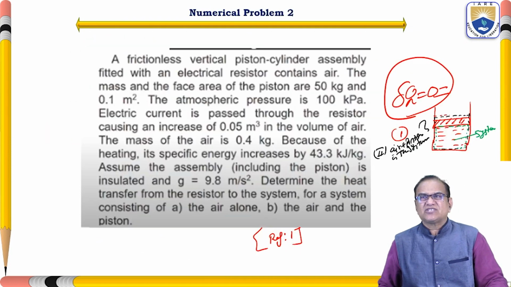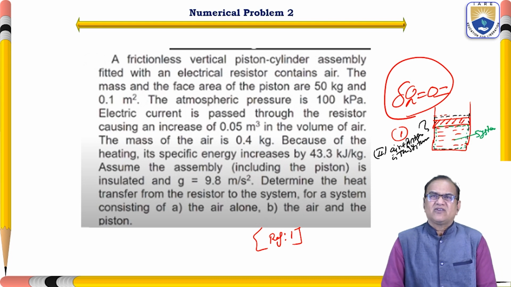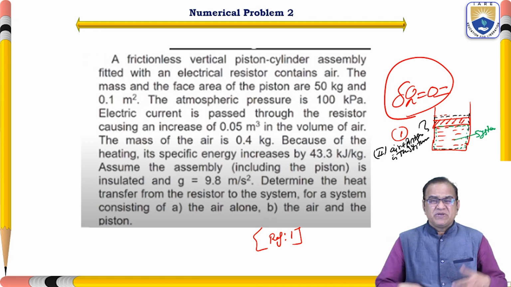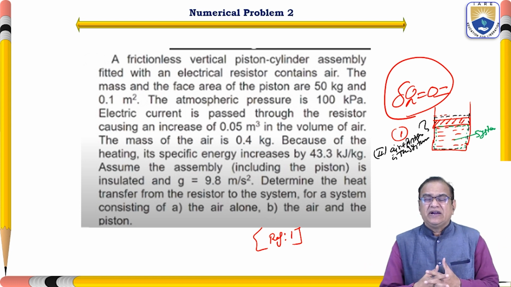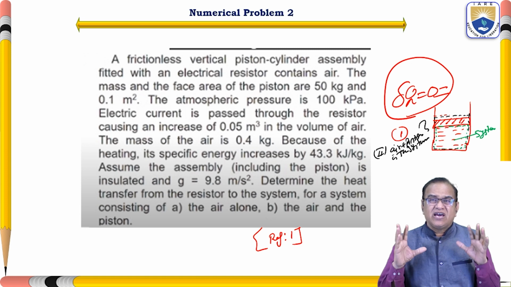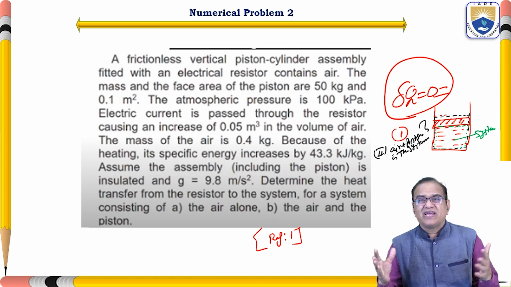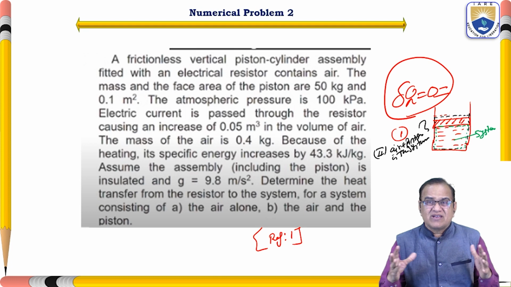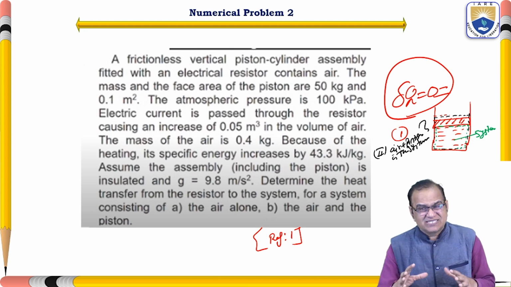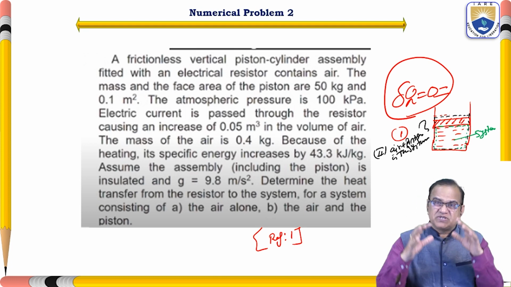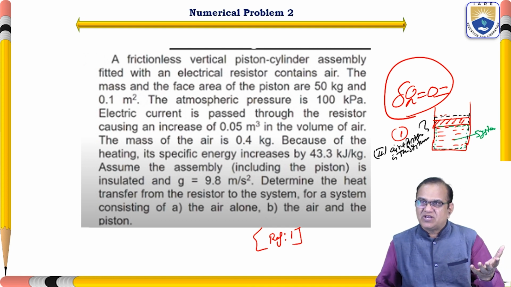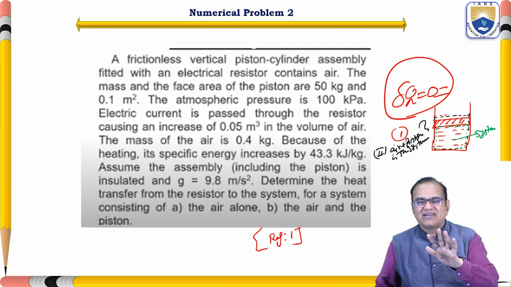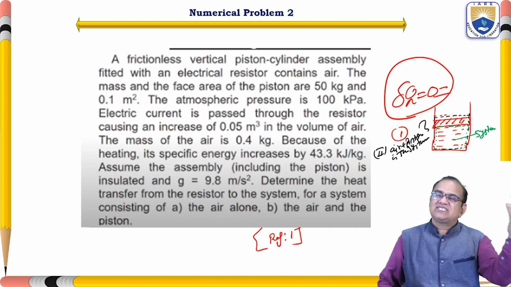And the second case was here, in which there was a frictionless piston, and how much heat is generated and how much heat is transferred from the resistor to the system, for a system consisting of the air alone and the air and the piston together. In both cases, we are getting the same answer because it is insulated, and we will get the same amount of heat because it is not going out.